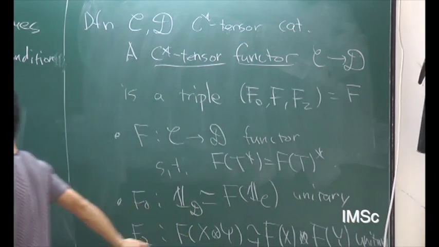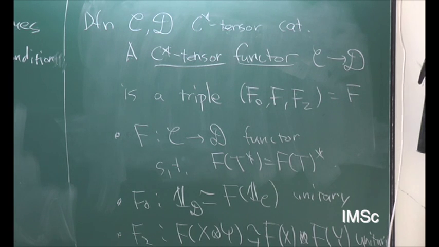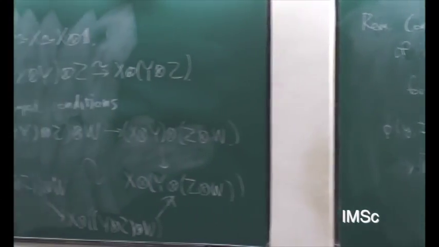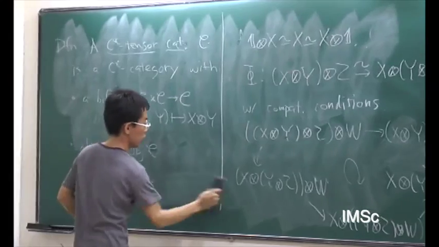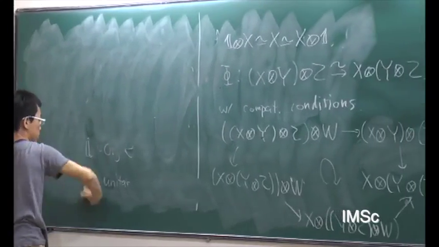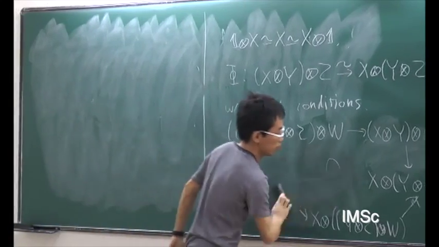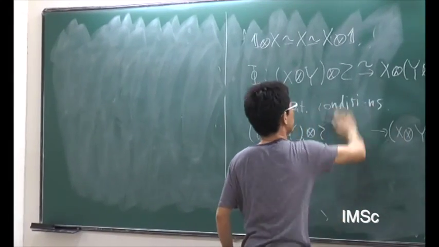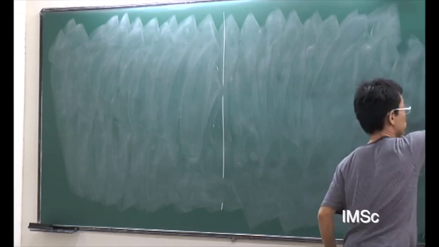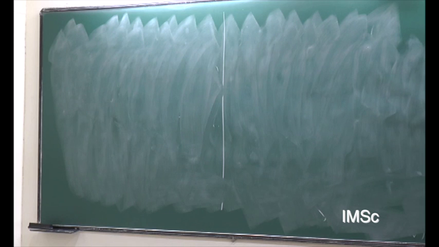And again, this should satisfy the compatibility condition with the associators and unit morphisms in C and D. But you can work that out by looking at the definitions.